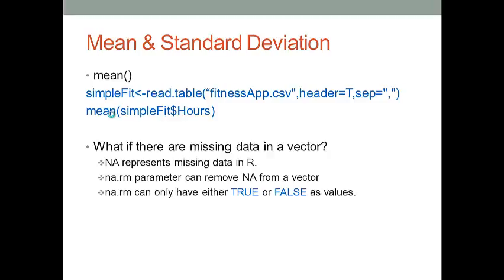If you have missing data in a data set and you want to use the mean function, you would probably get NA as the final result, because the mean function cannot calculate the average value for a data set with missing data. How can we process a data set with missing data?